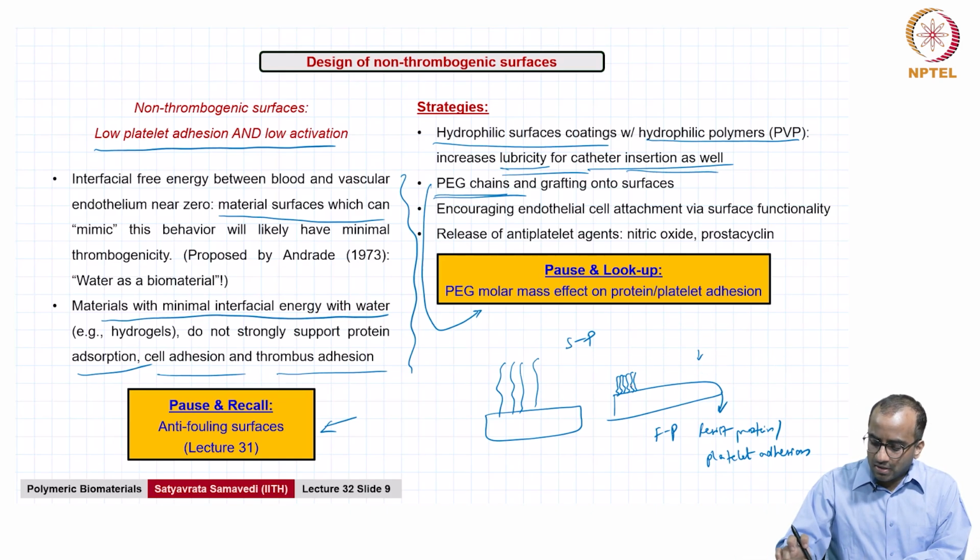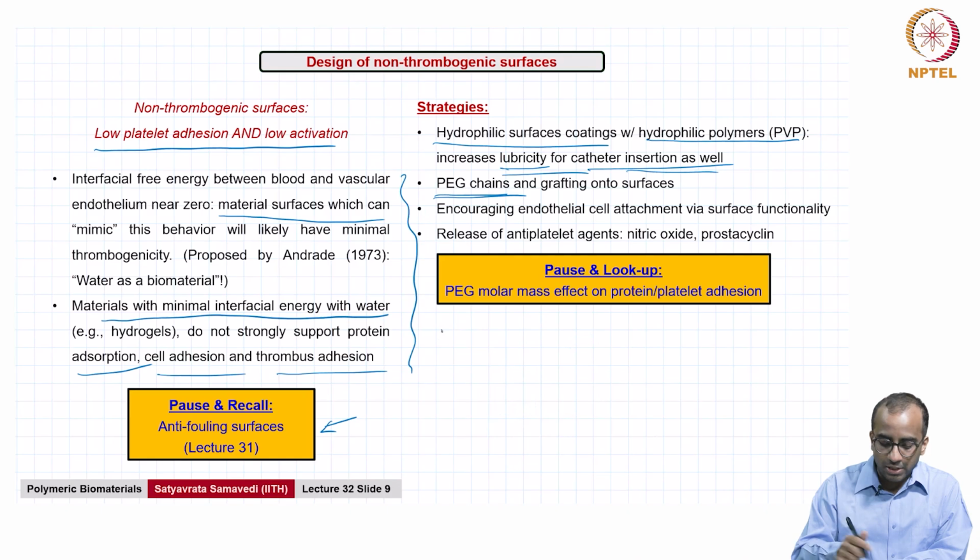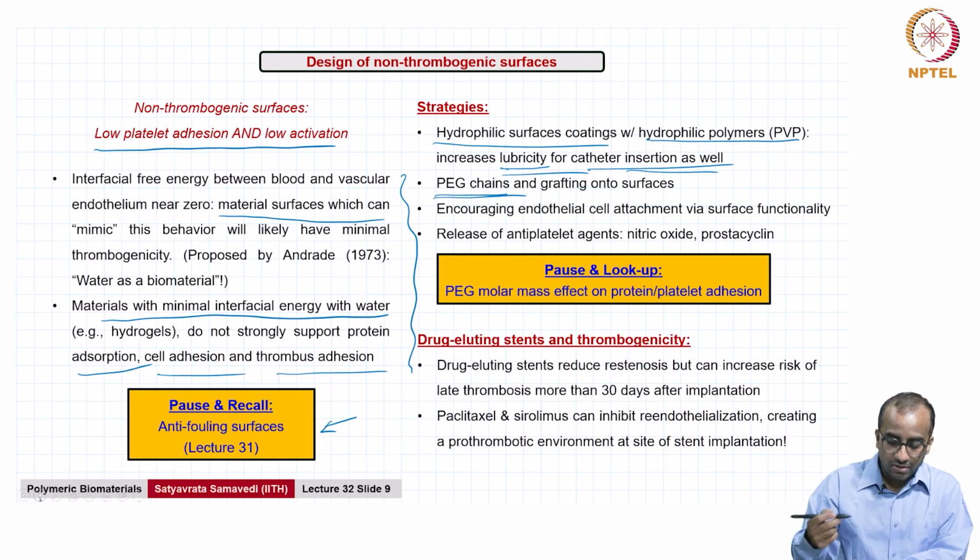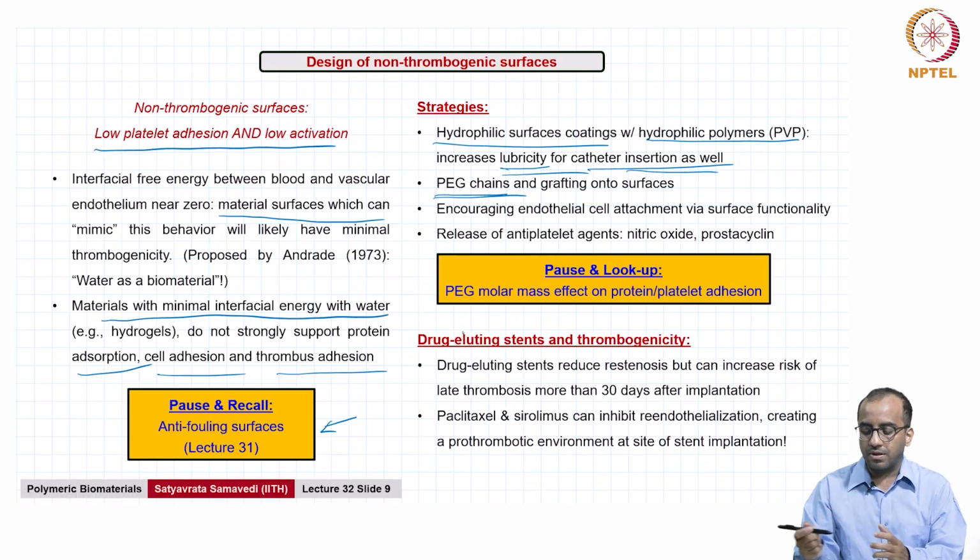Now, another interesting observation that is often seen in the context of thrombogenicity is with drug eluting stents. If you remember, drug eluting stents are stents that will directly come in contact with blood.